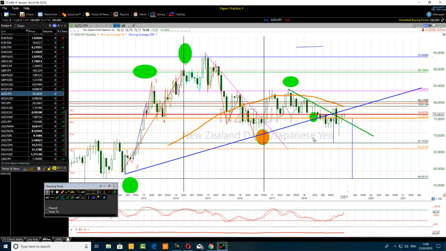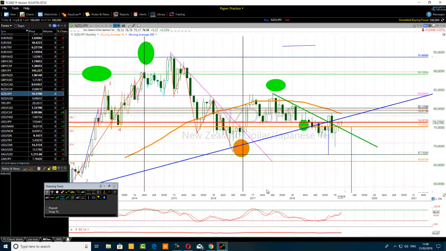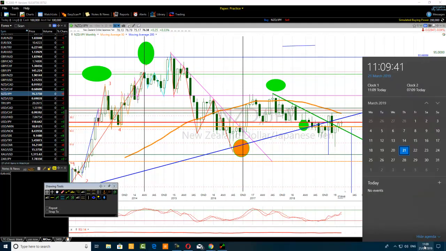The next thing is to draw the horizontal key level, the orange line here, at 75187. Also draw another horizontal key level at 76357.